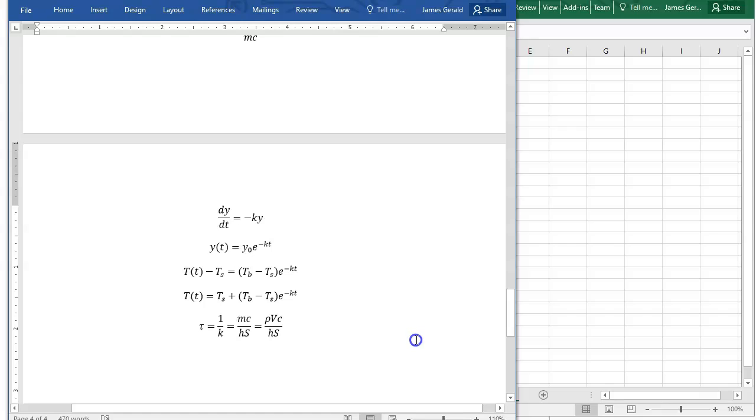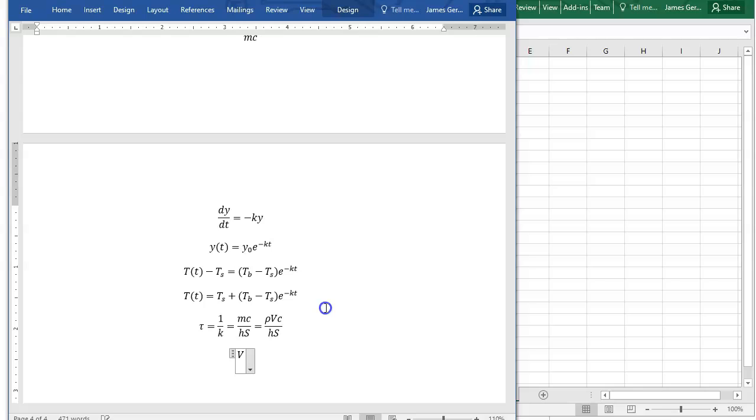What does that say about its surface area? Because density doesn't change. Specific heat doesn't change. Air doesn't change. Well, larger volume over surface. What's the relationship between volumes and surface areas typically? Suppose we modeled a person as a cylinder.